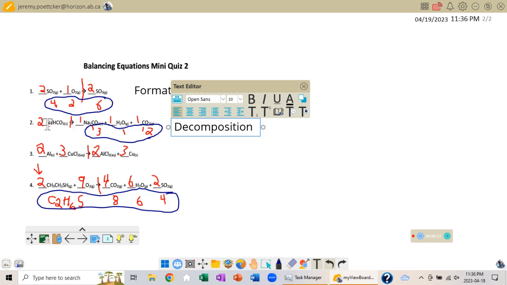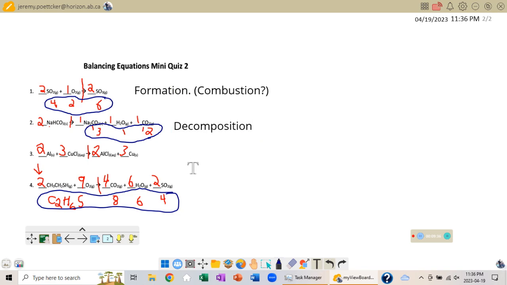You end up taking the NaHCO3, that's your baking soda, and it breaks down into sodium carbonate, which is just along for the ride, steam, water vapor, and carbon dioxide. And it's the steam and the water vapor that actually help your cookies to rise.